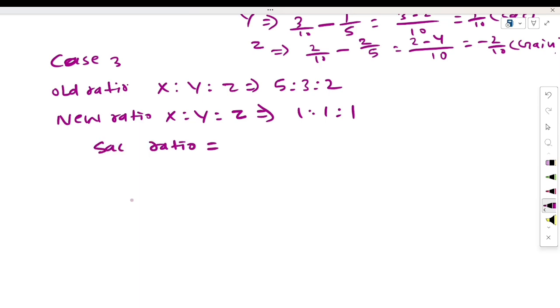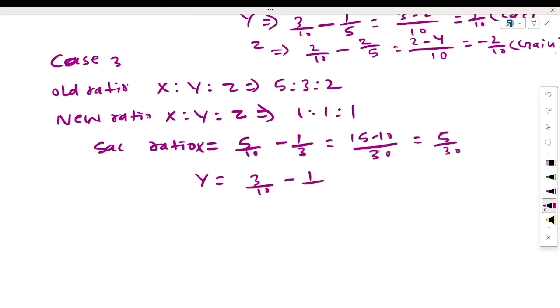What would be the sacrificing ratio of X? 5/10 minus 1/3. The denominator is 30: 15 minus 10, it means 5/30. For Y, what would happen here? 3/10 minus 1/3, 30: 9 minus 10, minus 1/30.